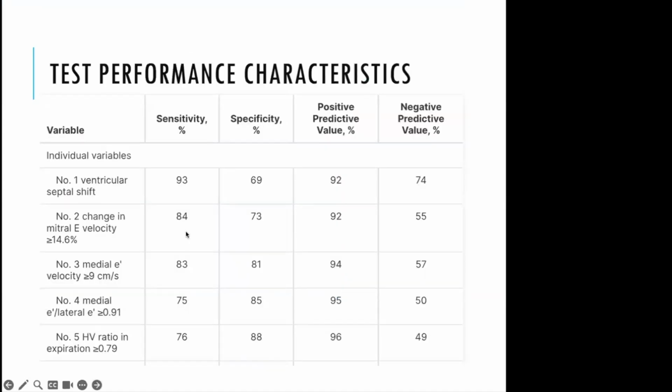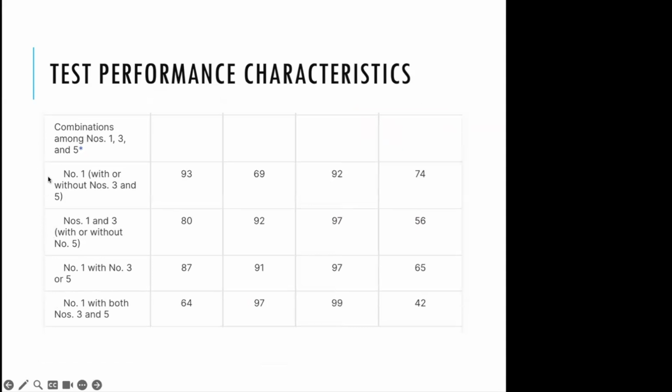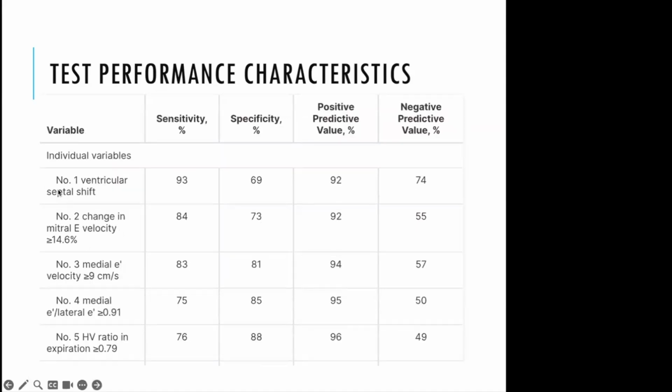These are looking at the sensitivity and specificity of the individual variables that we looked at. For the most part, these are fairly sensitive and more so specific tests, even on their own. Of course, you can't really make the diagnosis of constrictive pericarditis with just one of these variables, which is why they also looked at the combination of these different variables. For the most part, you'll be doing a lot of these in your regular echocardiographic assessments anyways.